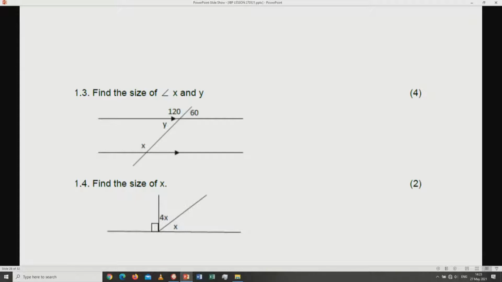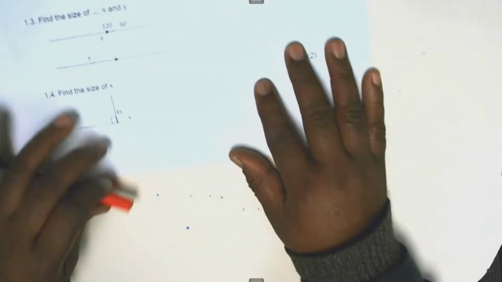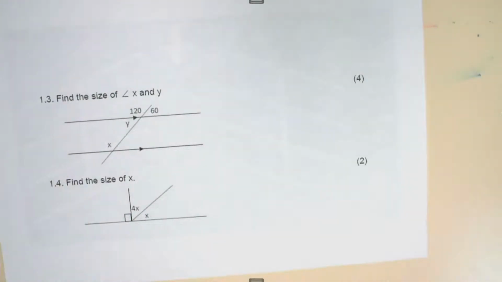What is the relationship of Y and 120? Remember, we're talking about relationships of angles. So establish that relationship. You can see it's there. It's what you see. You just have to tell us the mathematics. Mathematically, that's what is important.